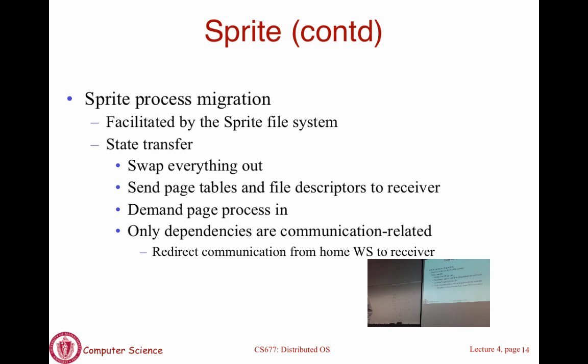So basically it depends on the file system to facilitate the transfer. You swap everything out, send the process control block over, and just page everything back in, and you have a new process on the new machine, which is just going to take over from wherever the previous process left off.